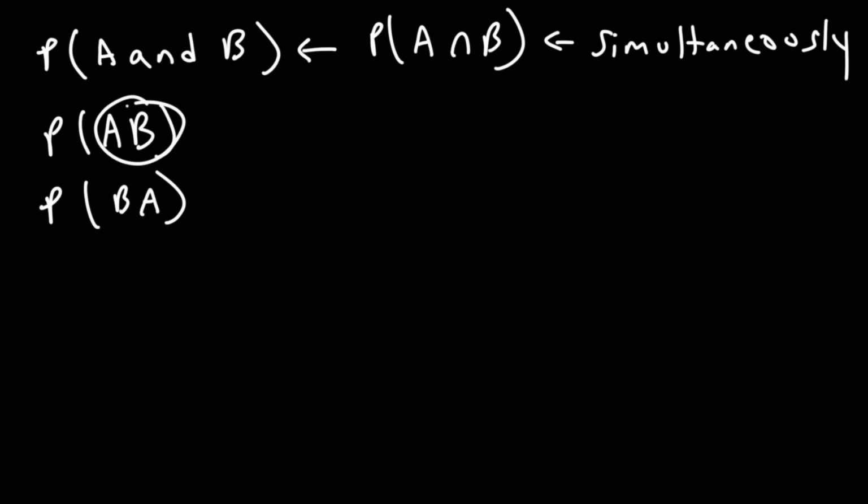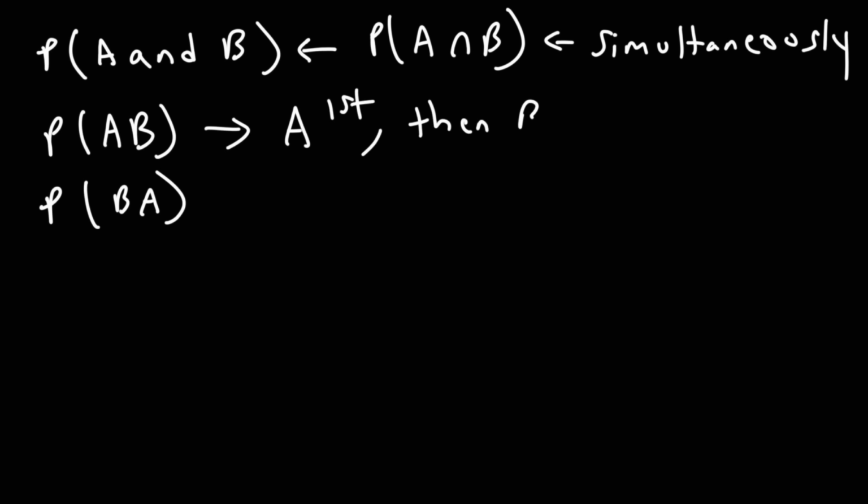Sometimes this symbol here, P(AB), may represent the probability of A and B occurring at the same time. Other times, though, it could specify an order. What it could mean also is that A is first and then B. So event A occurs first and then event B occurs second. And the probability of BA could mean that B occurs first and then A occurs second.